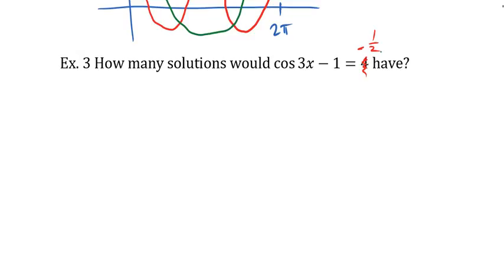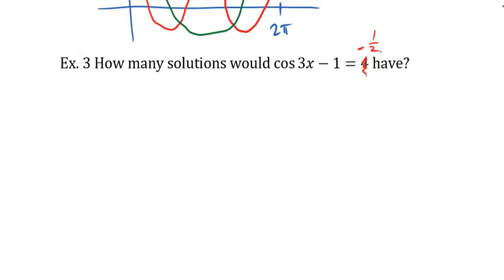Does that make sense? Because you're compressing the regular period up to 2 pi. If it's 0 to 2 pi, it's a compression by a factor of 3. So you're going to fit 3 cycles in between 0 and 2 pi. It's going to work out to, when you add one to both sides, positive a half.